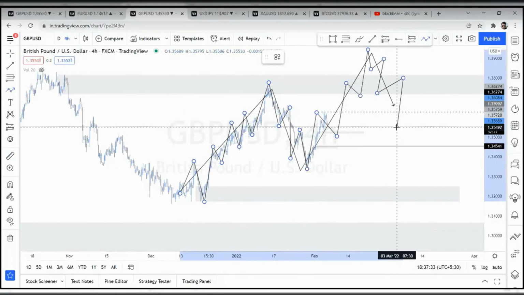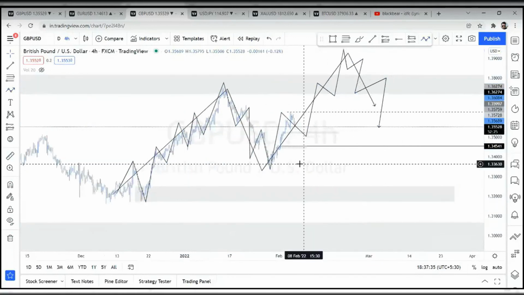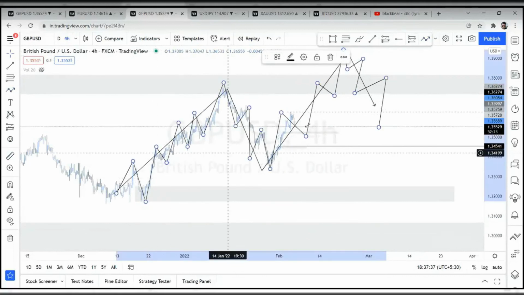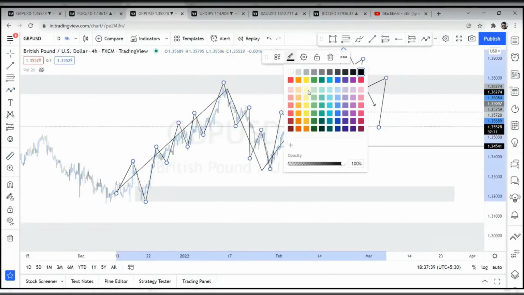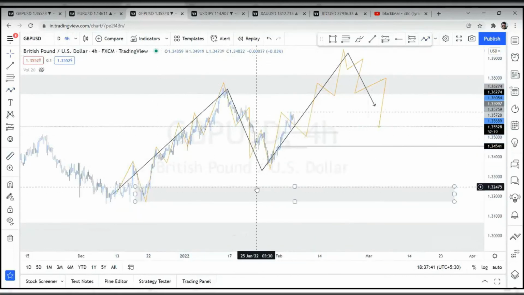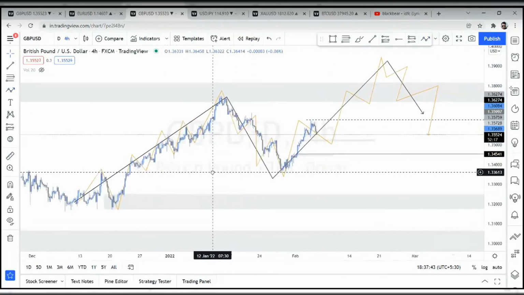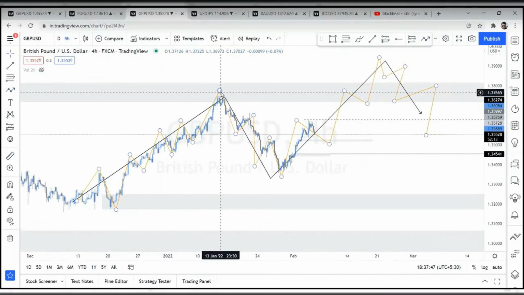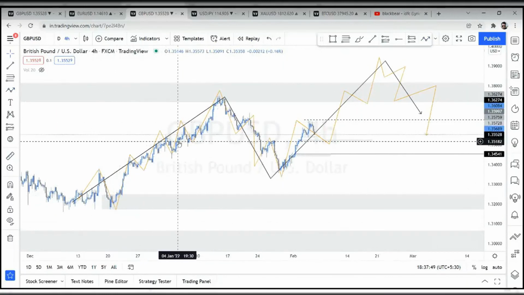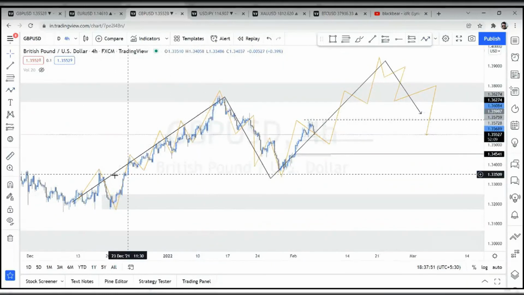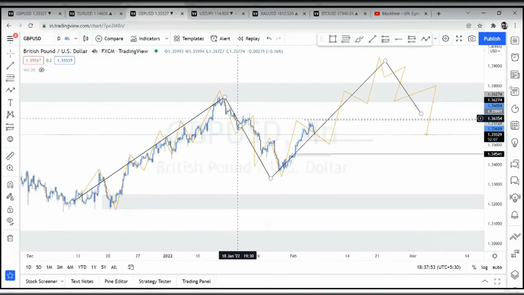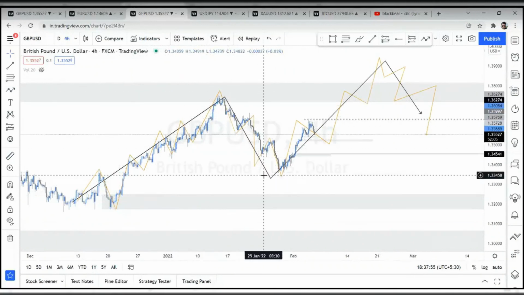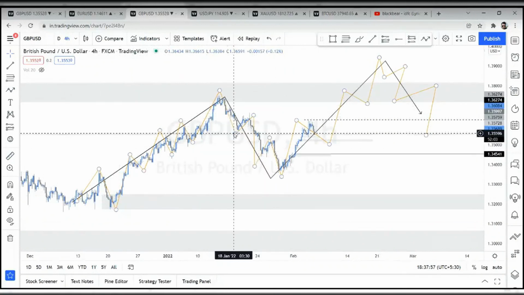I know it may seem like a little bit complicated. So even on this structure, you have multiple pullbacks, higher highs and higher lows. And on this pullback, this has turned bearish on this structure. Do you see?